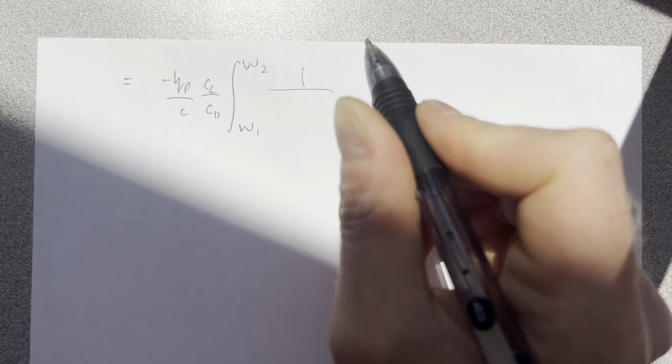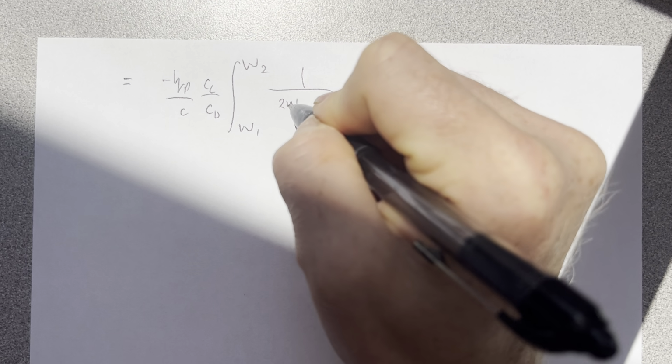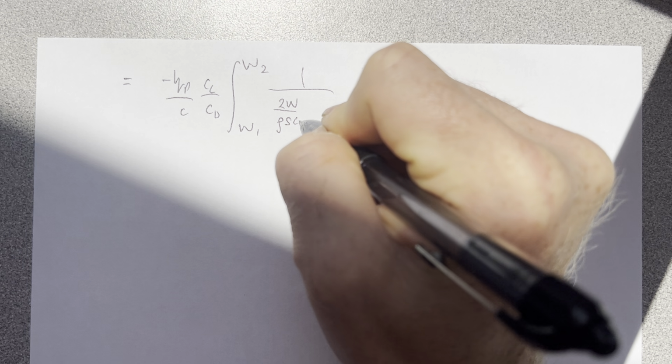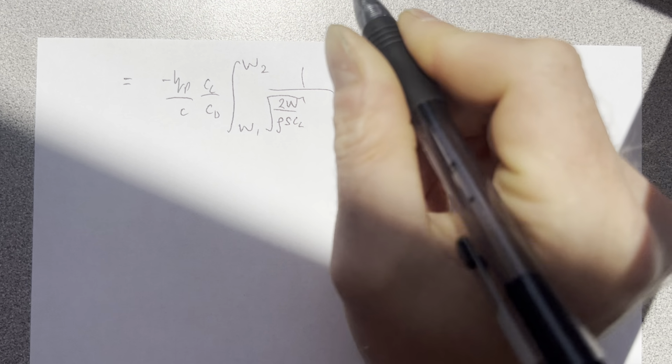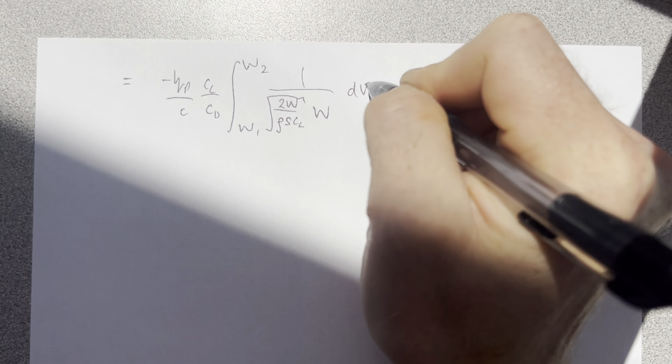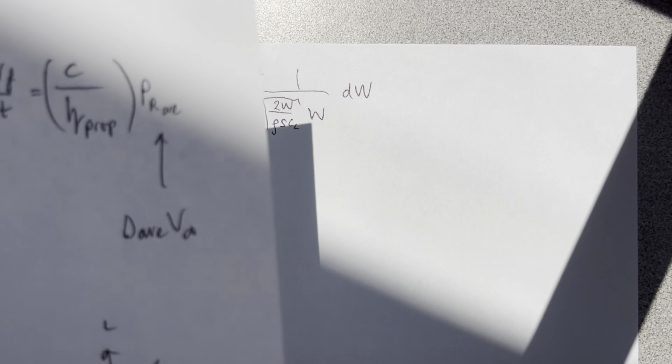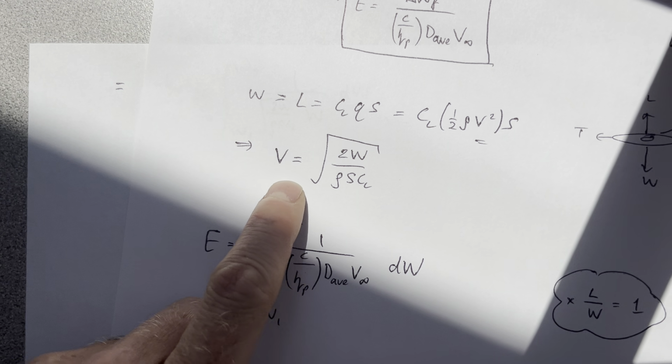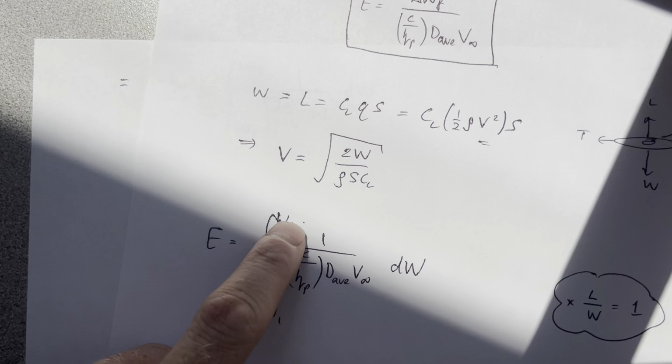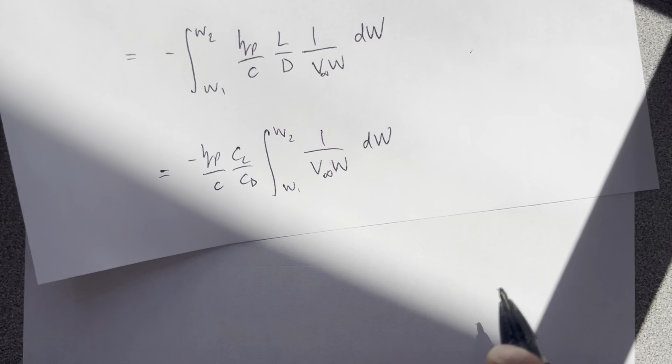Then I'm going to replace that V term with this expansion, W dW. So I've just replaced this equation for V, which came from the lift equation, into here.